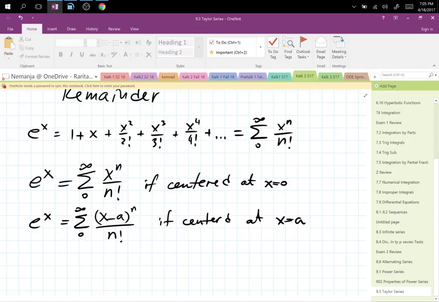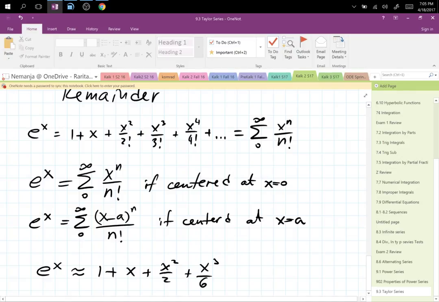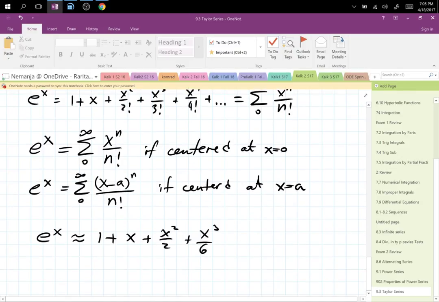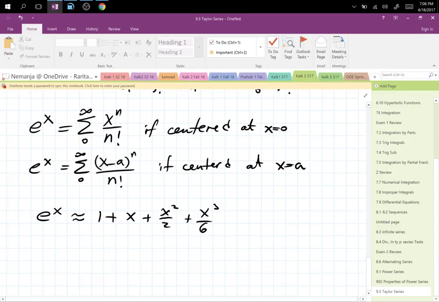But we know it's not exact. So if I am going to write e to the x and use only 4 terms, I have to put the squiggly equal sign and write 1 plus x plus x squared over 2 plus x cubed over 6. And there's no more plus dot dot dot, which means it stopped and I truncated this power series.